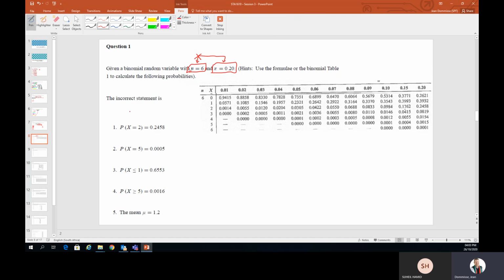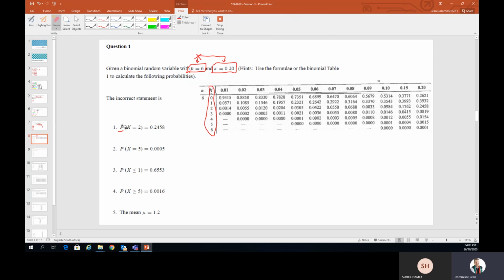And if they want you to work out a probability, they would need to tell you what the x is. So they would say, I'm looking at x of 0, or x of 1, or x of 2, or x of 3, or a combination of x's.